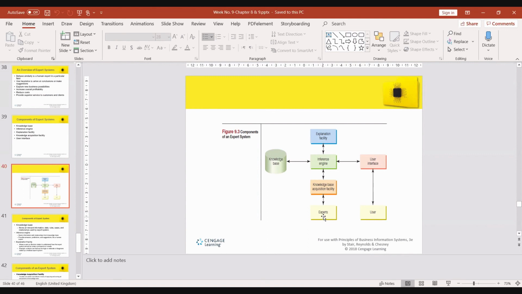For example, in the medical field there are different senior doctors who can give knowledge to this system. The system will acquire the knowledge, match it with the stored knowledge, and then interact with the user and answer the query of the user.